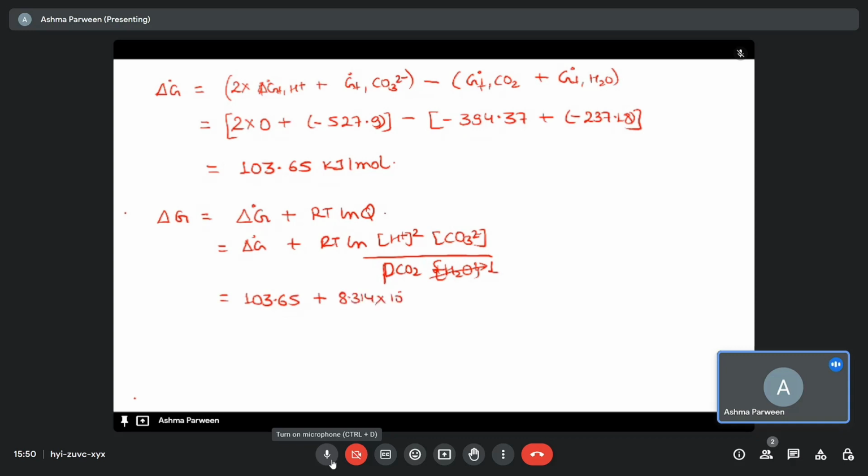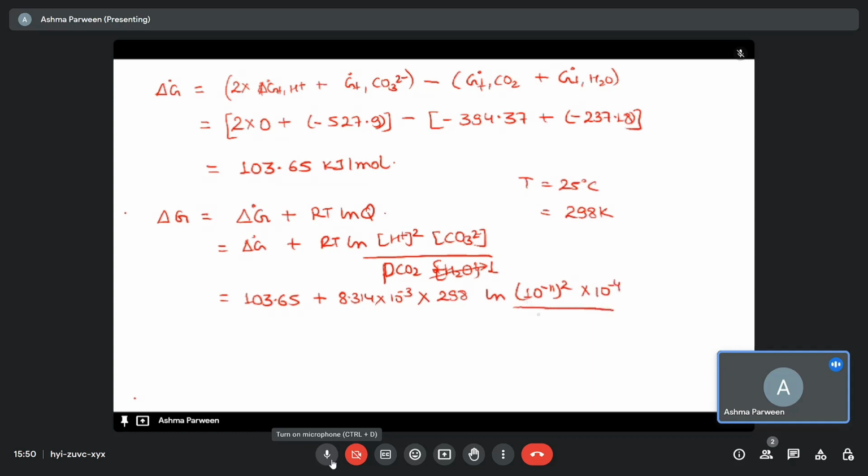times 10 raised to minus 3 kilojoules per Kelvin per mole, and temperature we will take in Kelvin. The temperature was 25 degrees centigrade, so 25 plus 273, it will be 298 Kelvin. So times 298 times ln of the concentration of H plus, which was given as 10 raised to minus 2. The coefficient is 2, so squared, times 10 raised to minus 4 for carbonate.